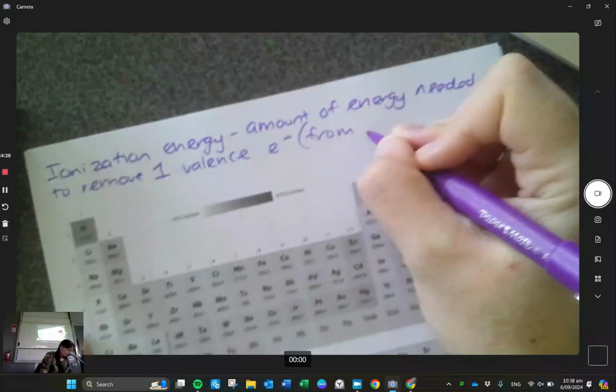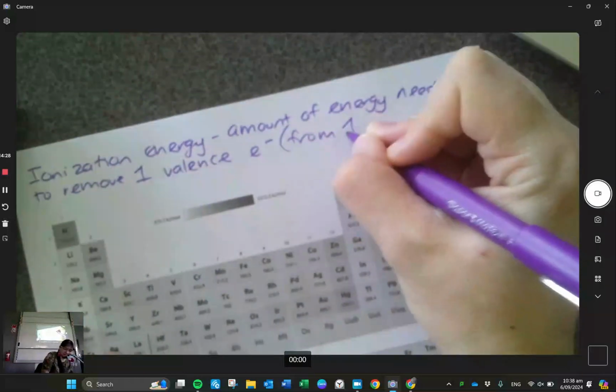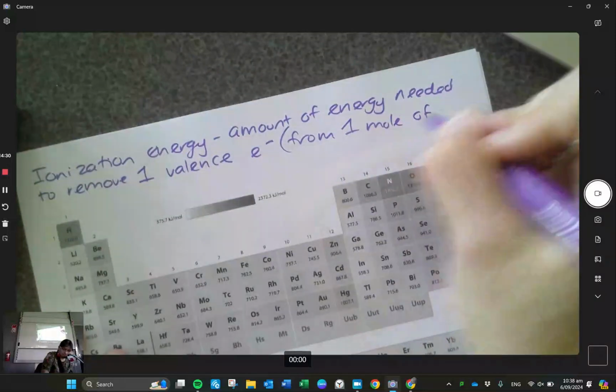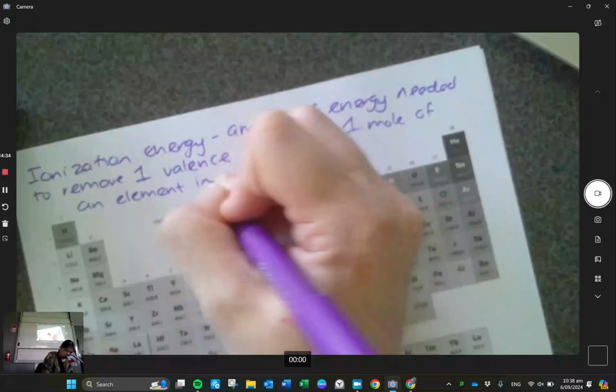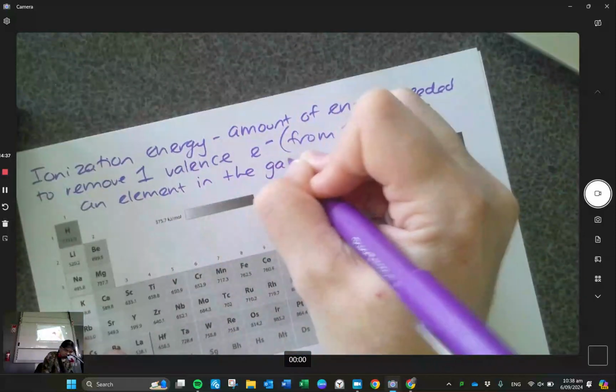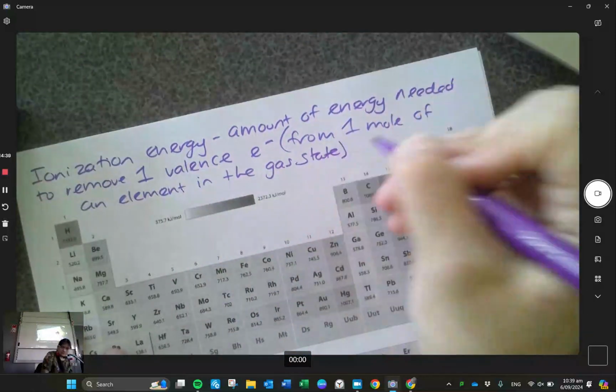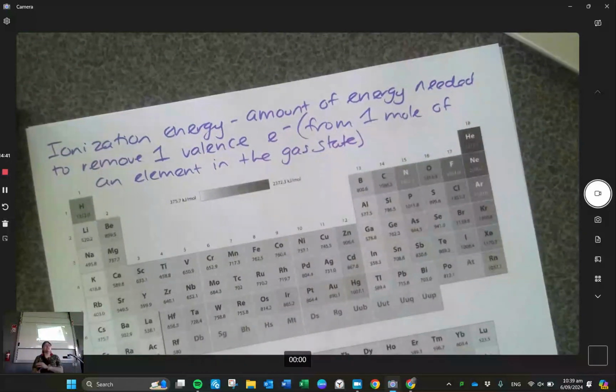This is from 1 mole of the element in the gas state. So the amount of energy needed to remove 1 valence electron from 1 mole of the element.